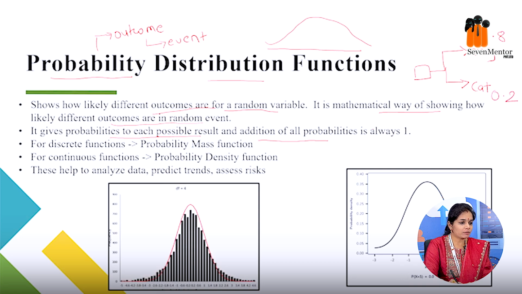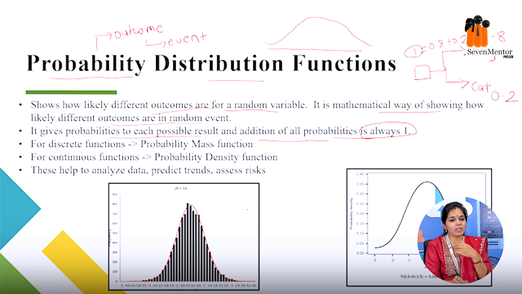Why? Because all the probabilities add up to 1. Here 0.8 plus 0.2 comes to 1. Clear? However many outcomes, n number of outcomes, the addition will always be 1.